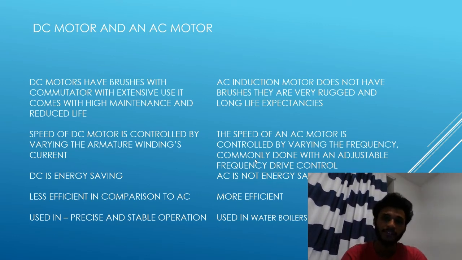DC is less efficient in comparison to AC, which is very efficient. But one of the major advantages of DC is precision. So in lathe machines, any work which requires precision uses a DC motor, while in water boilers or heavy industry where more power is required, an AC motor is used.